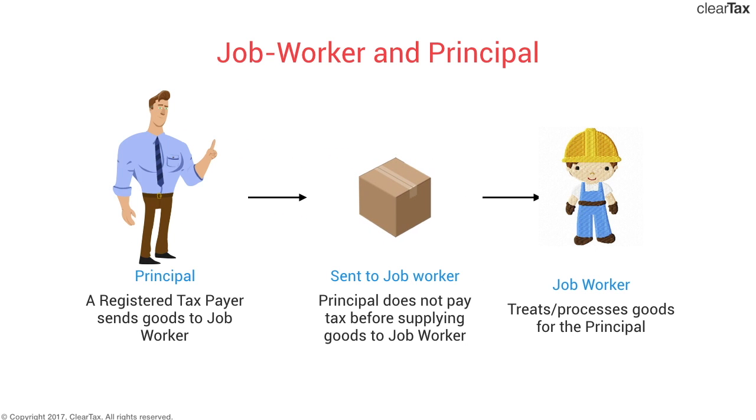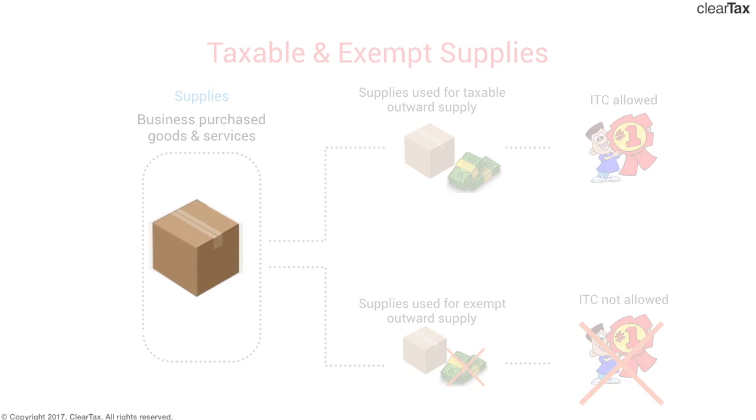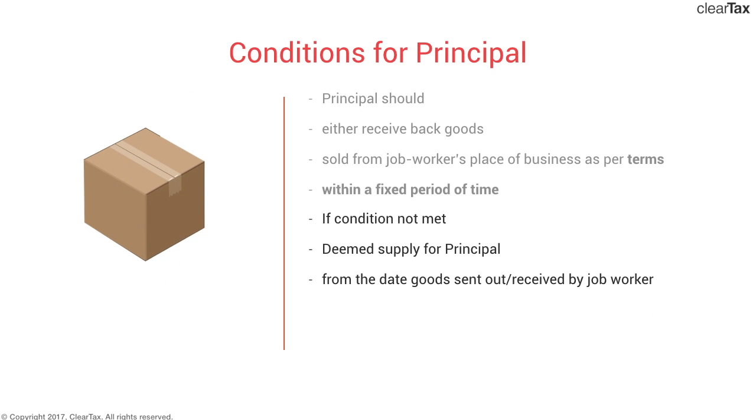So these would be deemed supply. He's not paid any tax while transferring these goods to the job worker. So they'll be treated as exempt outward supply. And as you know, there is no input tax credit available for exempt outward supply. So if the principal does not meet these conditions, he will have to forfeit the input tax credit claimed. He'll have to pay it back.